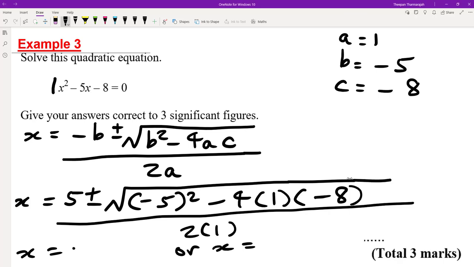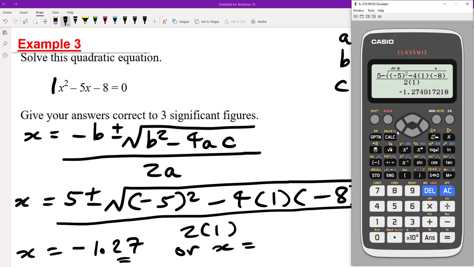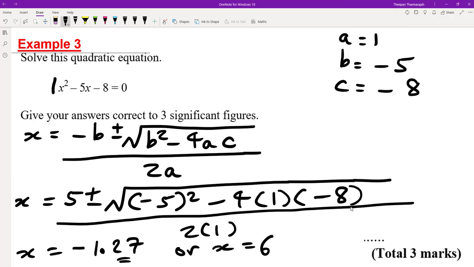So I get -1.27 as my first solution. And then I'm going to change the minus before the square root to a plus. That will give me 6.27, correct to 3 significant figures. So 6.27. And I'm just going to write 3 significant figures for clarity.